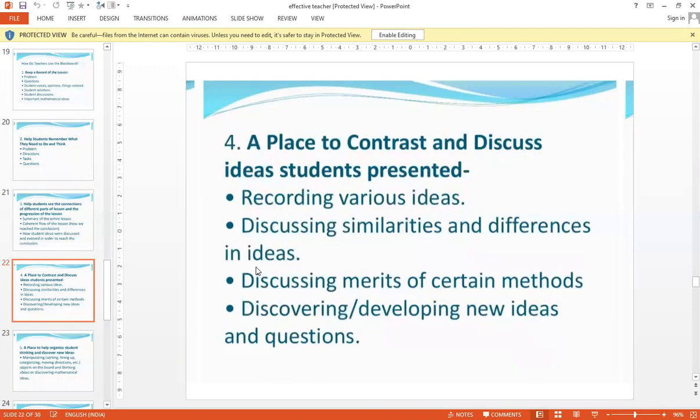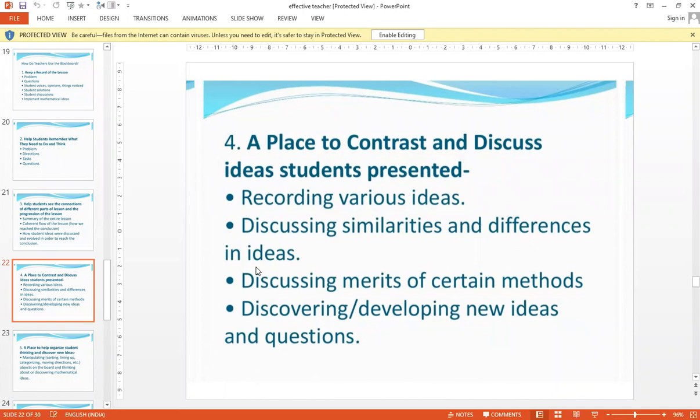Next, it is also a place to contrast and discuss ideas students presented. So our classroom blackboard also serves as a place to contrast and discuss ideas of the students.